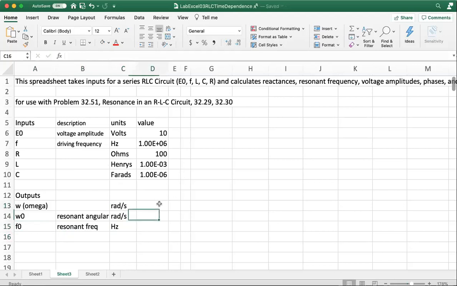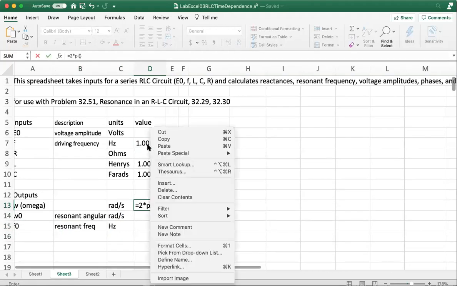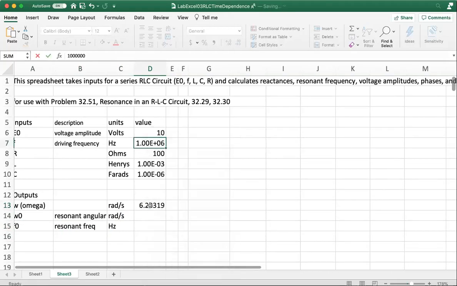All right. So let's compute these. The omega is simply, you take the frequency and multiply by 2 pi. Let me try that again: 2 pi times the frequency.